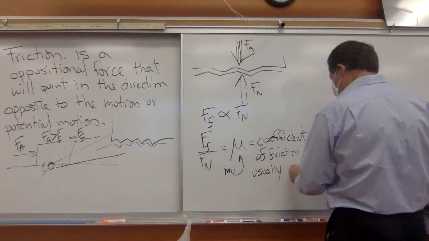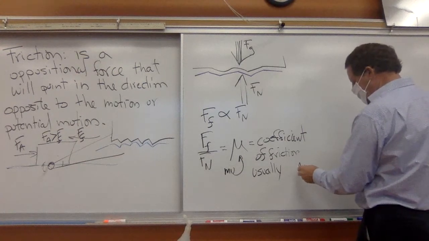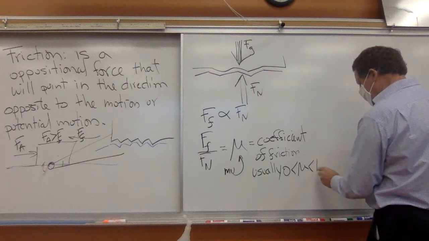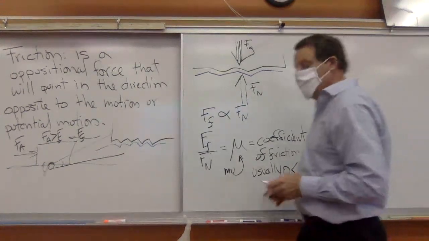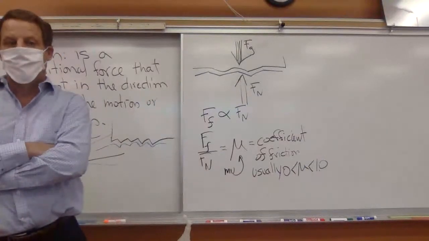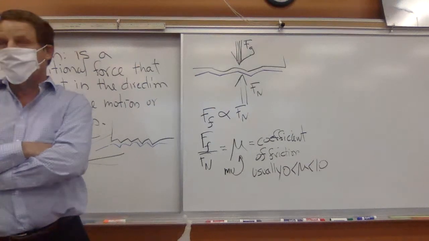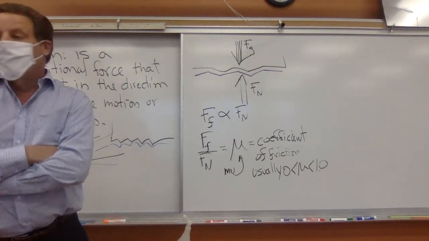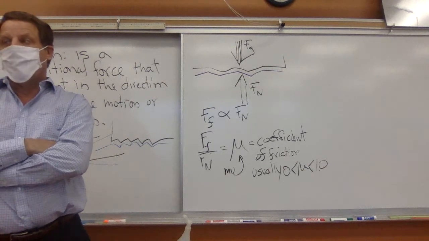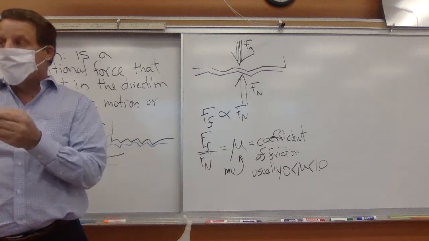And it's usually between 0 and 1. Okay, it is usually between 0 and 1. There are some examples where the coefficient of friction is greater than 1, but it's not very common, and it's usually when it comes to rubber.